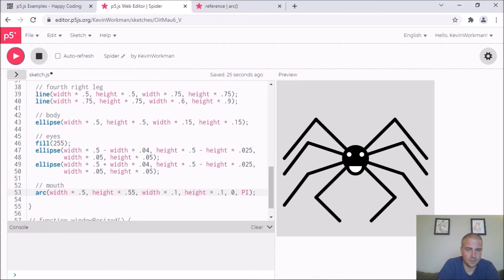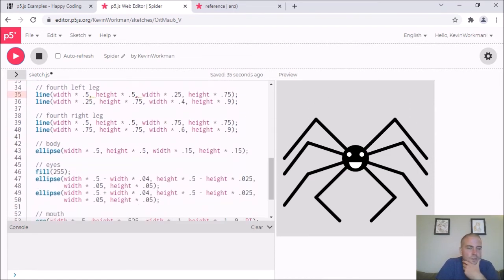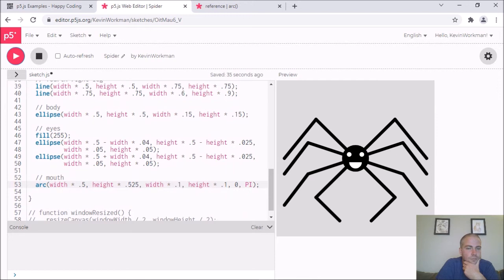Oh no. 0.525. Maybe. I think if I stare, I can kind of see the overlap a little bit more. I could also decrease my stroke weight here, or say no stroke here. Could also not care. Always an option. So cute. I think maybe I'll say 0.525.